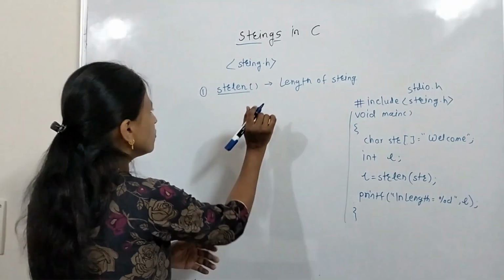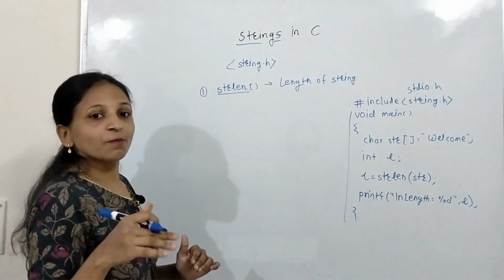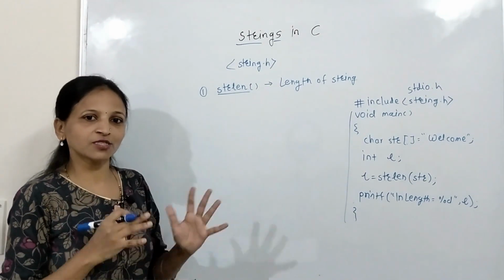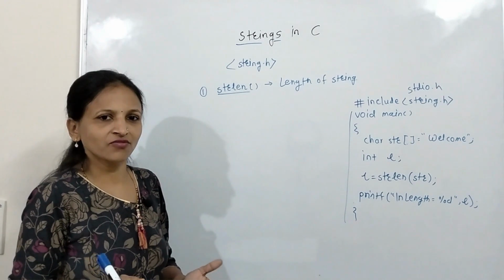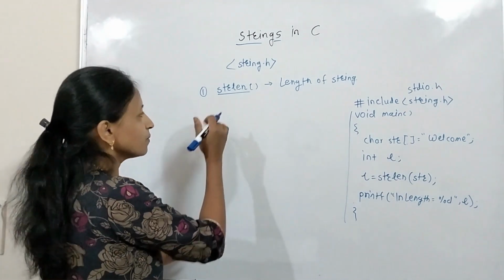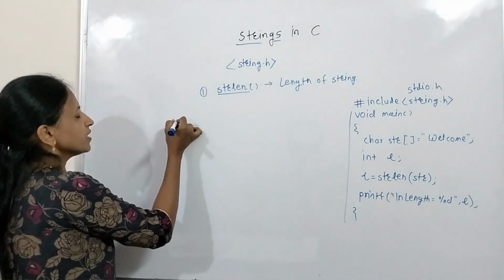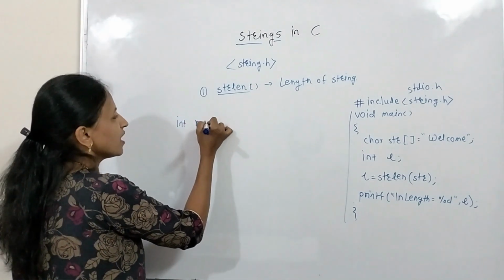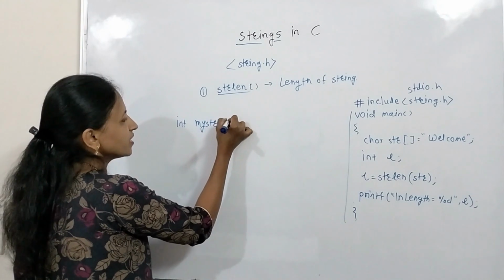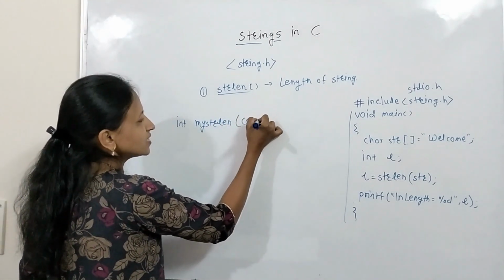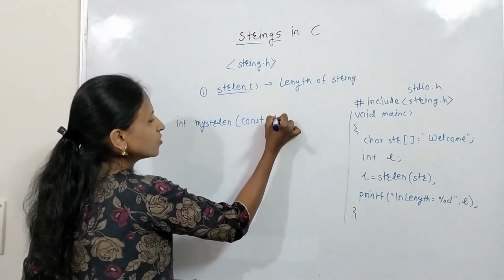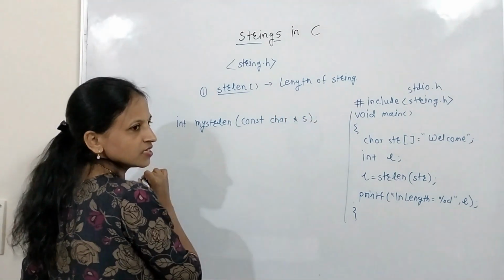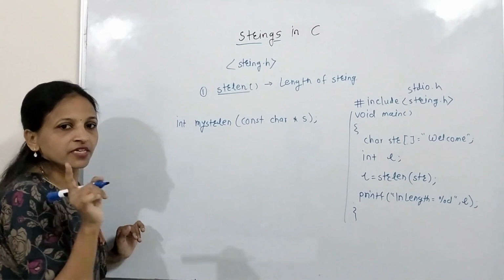Okay, we can do it in this way. I will give the name mystrlen, because strlen is already inbuilt and present, so the same name we cannot give. Here the return type will be integer. The function name I am giving is mystrlen, and here const, the same thing I will apply, char star s, and this is just a function declaration.